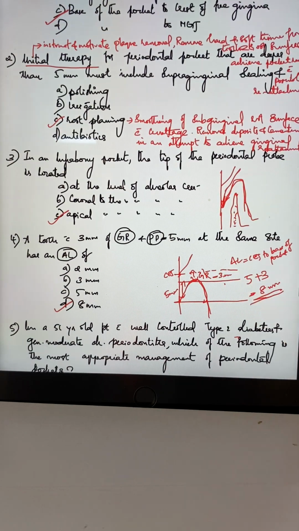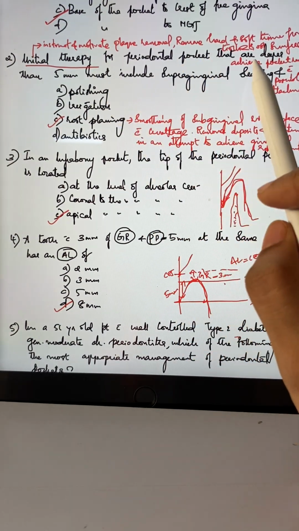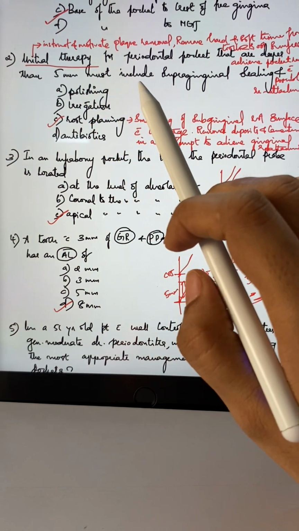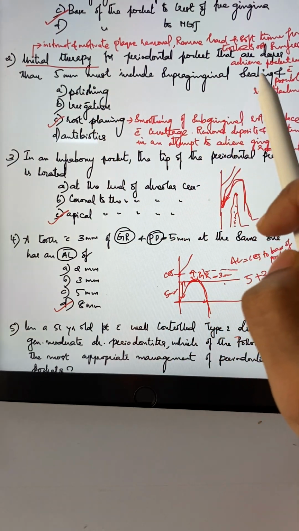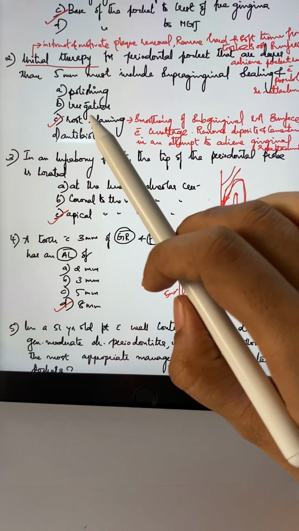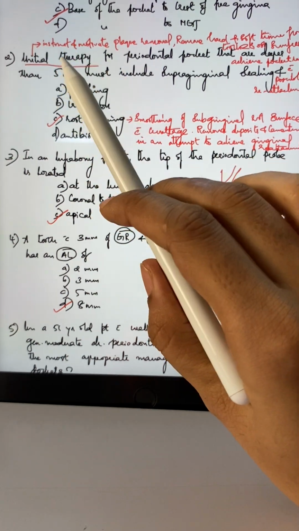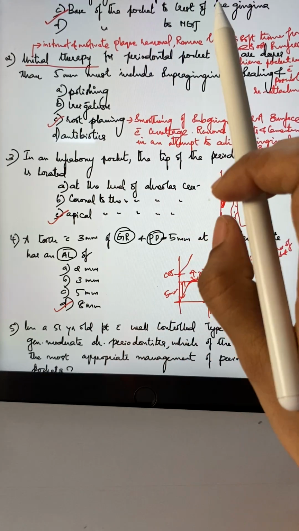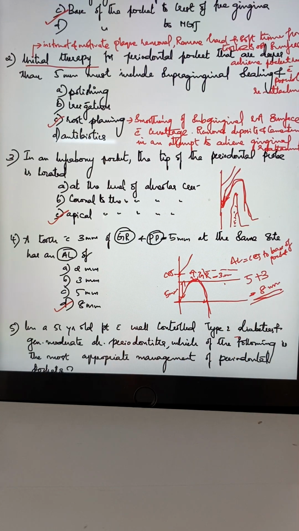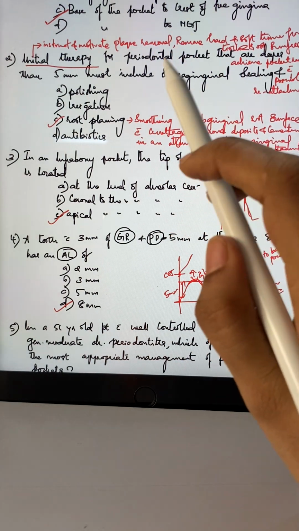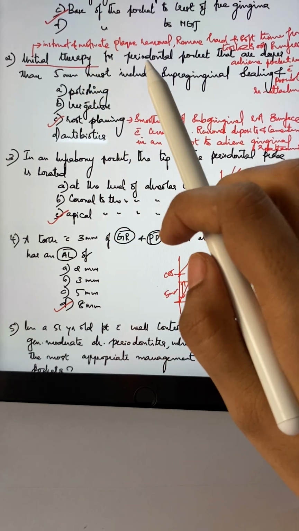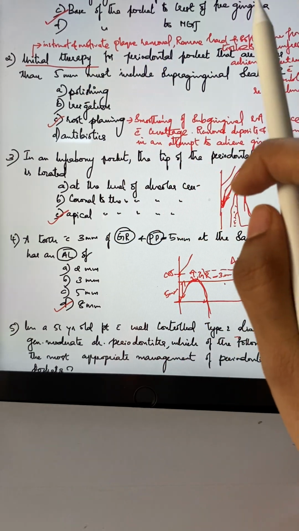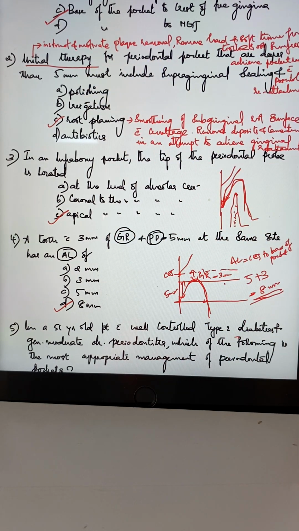The next question, initial therapy for periodontal pocket that are deeper than 5 mm must include supragingival scaling and what? So this is the initial therapy, because it is not about the surgery or anything. What we need to treat the pocket first. So initial therapy is just to instruct, motivate, that kind of treatment we have to give.